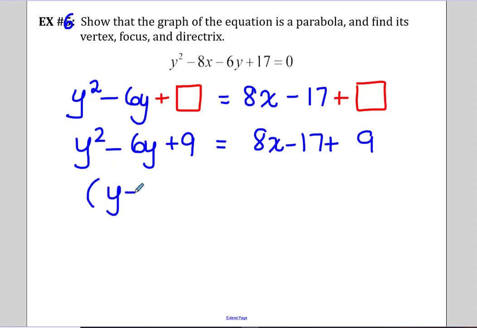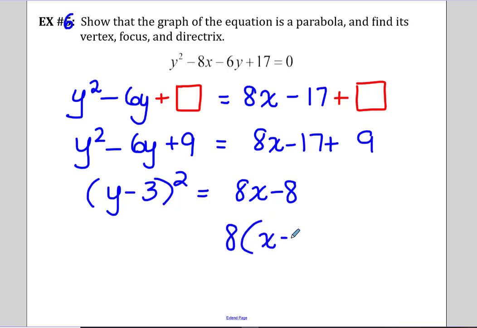And factoring the left side gives us y minus 3. Whoops, I wrote 6. That would give us y minus 3, quantity squared, and 8x minus 17 plus 9 would give us 8x minus 8. And if we factor out an 8 from the right, that would be our 4p value.